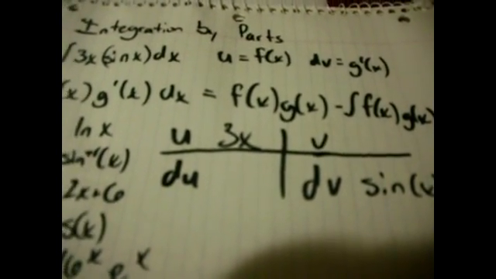So du, just derive the 3x, and after you derive, it's just 3. And for v, you have to antiderive sine of x. The antiderivative of sine of x is just negative cosine x. And then you can try to fill in this formula with it.